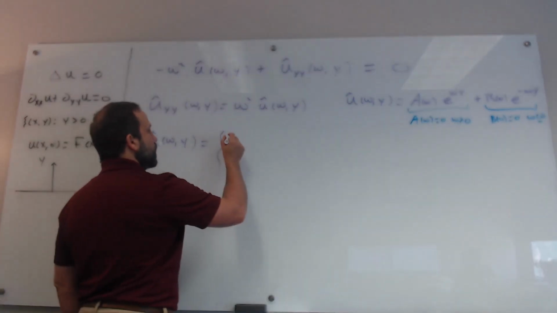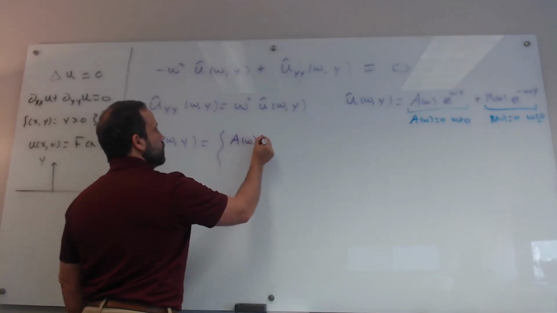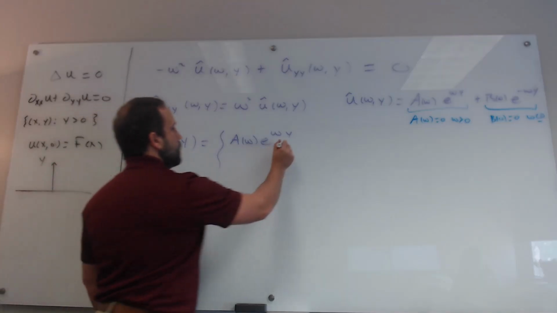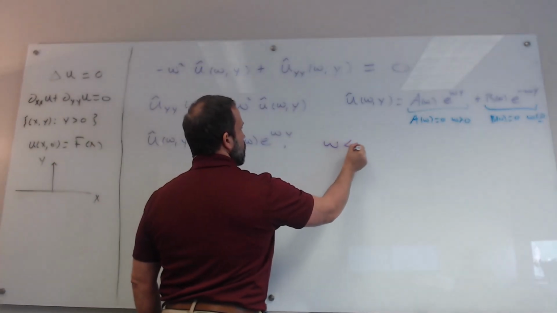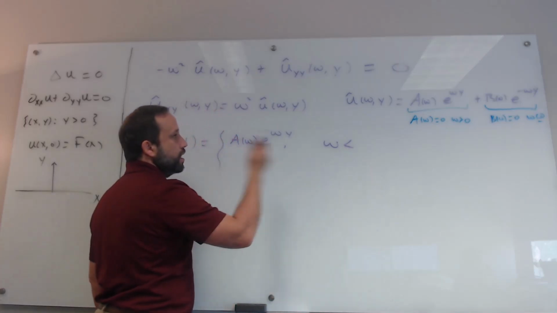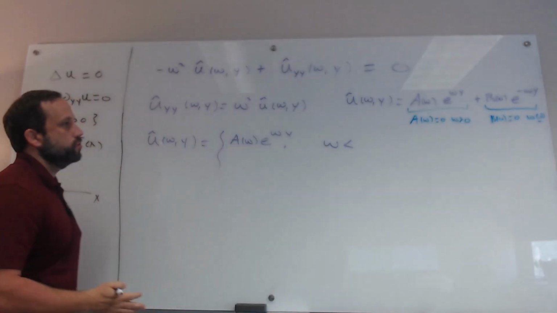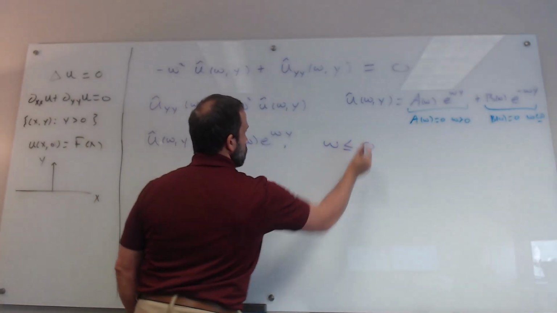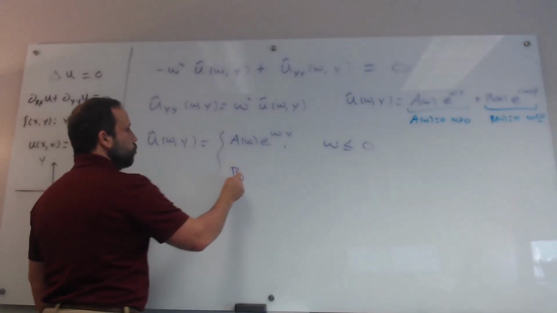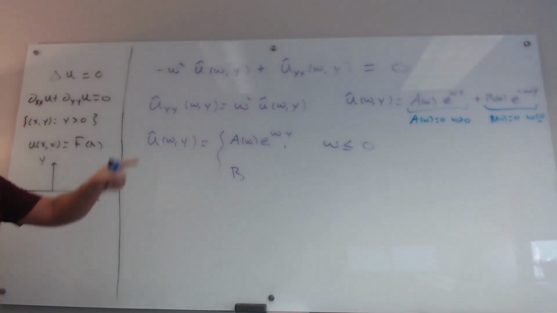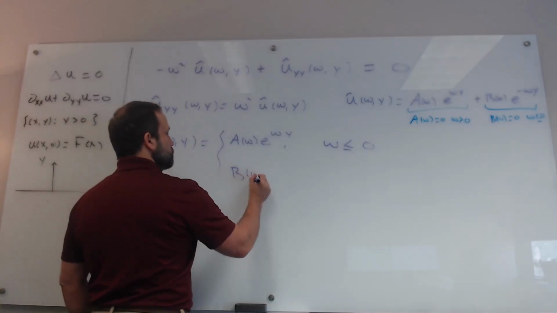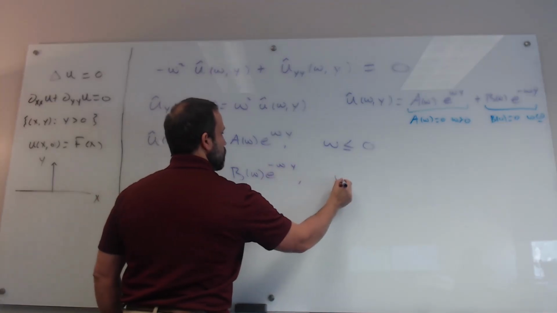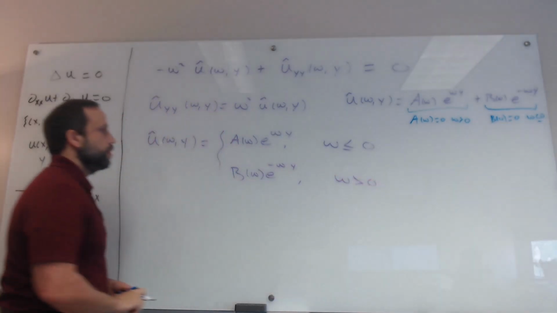So we've got a of omega e to the omega y, and this is going to be for omega less than or equal to 0. Sorry about that. And then when omega is greater than 0, we're going to have b of omega e to the minus omega y.